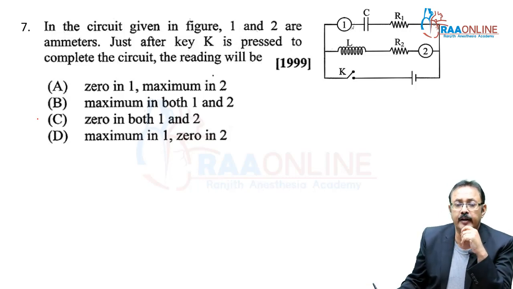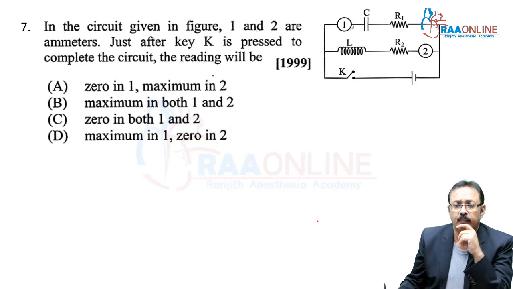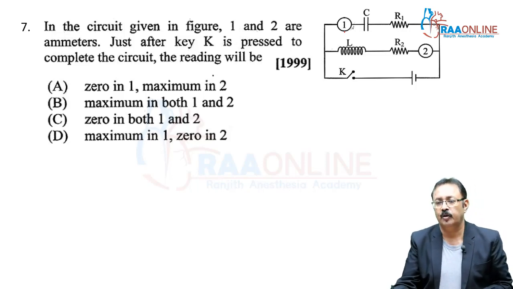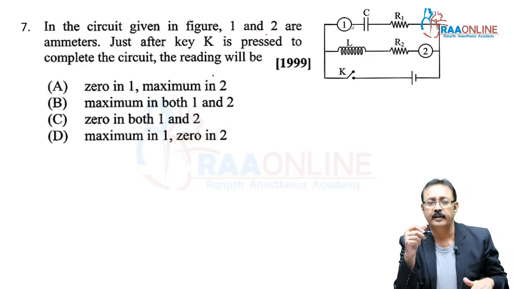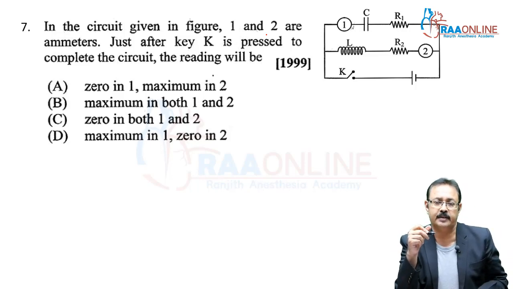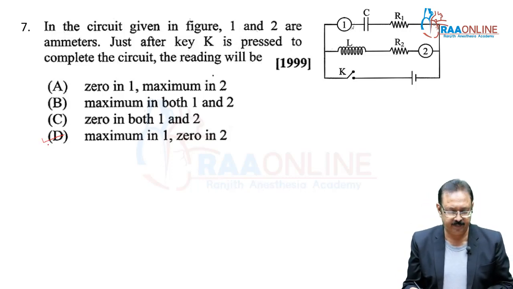Just like the previous problem, whole current will go through first ammeter towards C. So reading of 1 will be maximum and 2 will be 0. After that, when it is fully charged, no current will pass through 1, then the reading of 2 will be maximum. But just after key K is pressed, reading of 1 should be maximum, so we will go with option D.